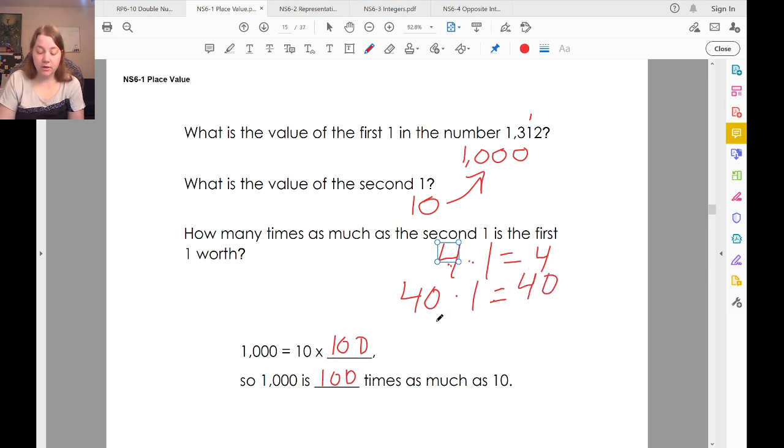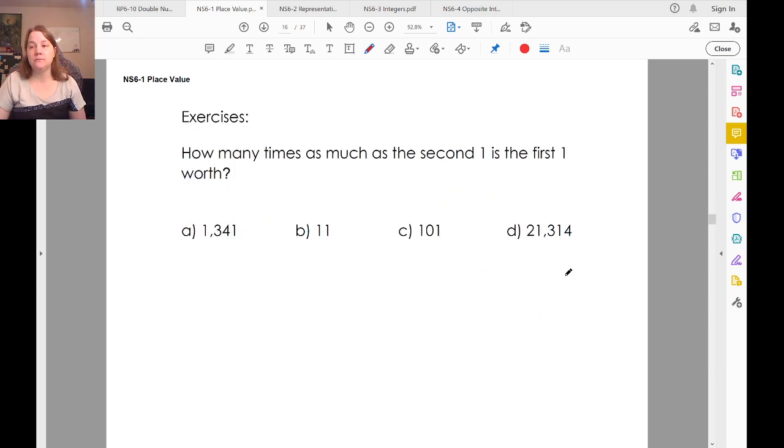But I also know that 4 times 10 is 40. So when we look at this, when I add a 0 at the end of a number, when I shift things one place value to the left, it gets 10 times as big, and it doesn't matter where we add that 0 onto.